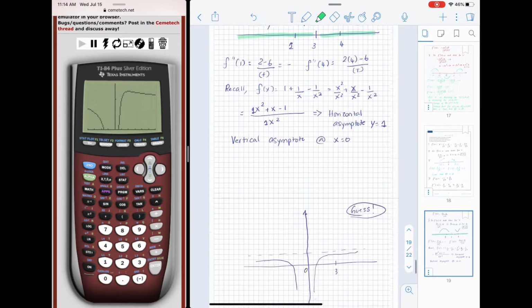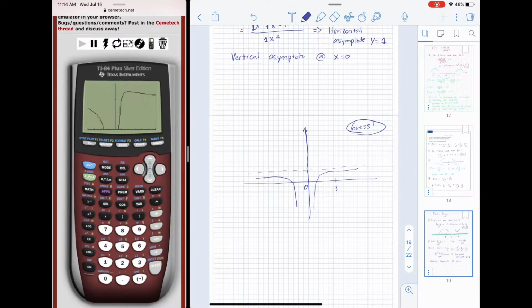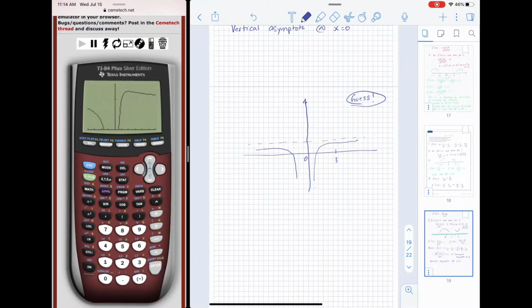So what we have is the function is concave down for negative infinity all the way up to 0, union 0 to 3, concave up for 3 to infinity.